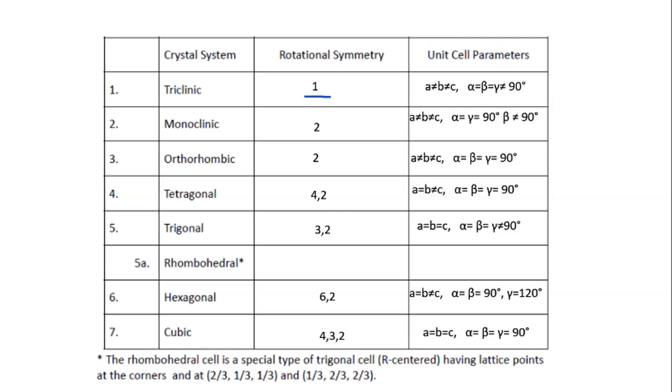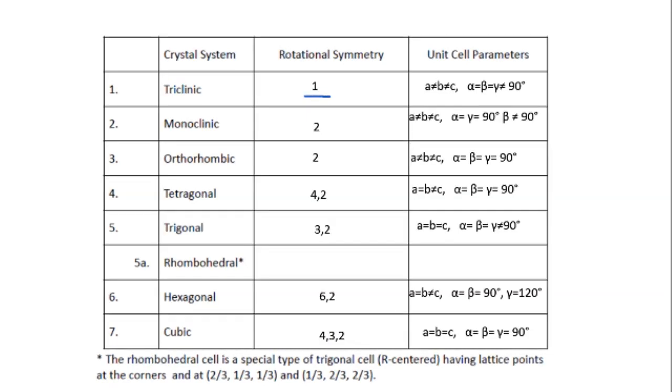You just rotate it 360 degrees and you get the same thing. That's the only rotational symmetry in triclinic. Now the lattice parameters: for triclinic, none of the cell lengths equal each other, and alpha doesn't equal beta, doesn't equal gamma, doesn't equal 90 degrees. So all the angles are different.